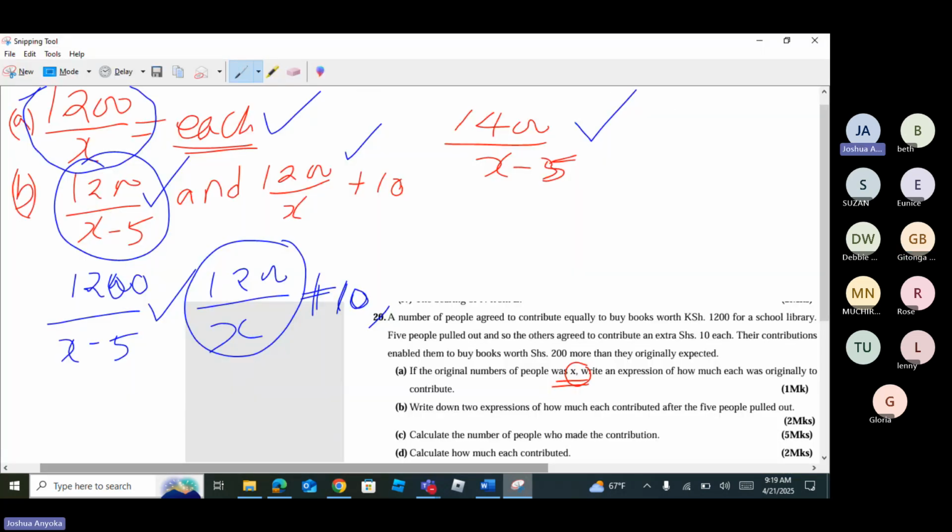Let us analyze what we have been given here, 1,400 over x minus 5. I can see where the 200 is. The 200 is saying their contributions enabled them to buy books worth 200 shillings more than they originally expected. X is the number of people.